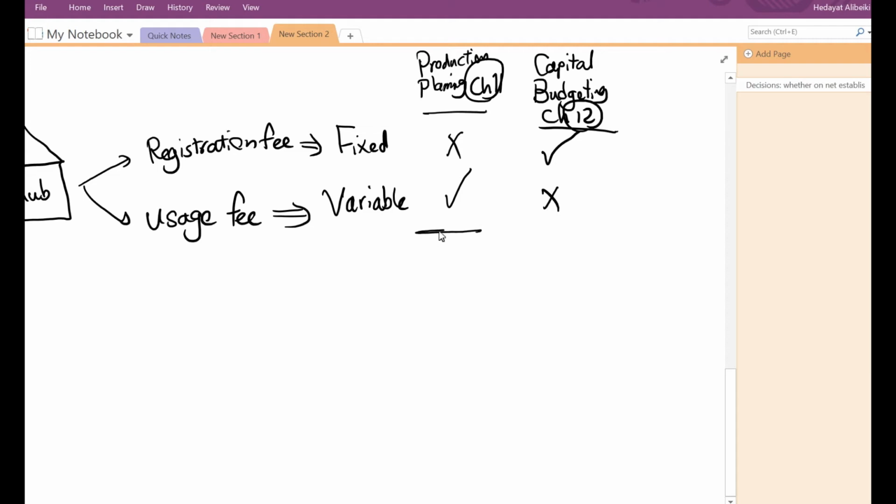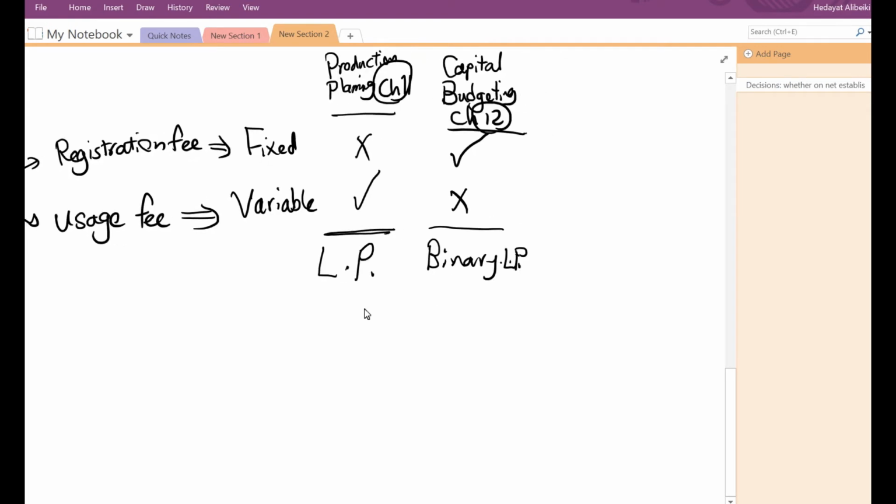So for the first example, when we have variable costs and no fixed costs, we can solve those using LP, linear programming. And when we have only fixed costs without any variable costs, we can solve it using BLP, binary linear programming.